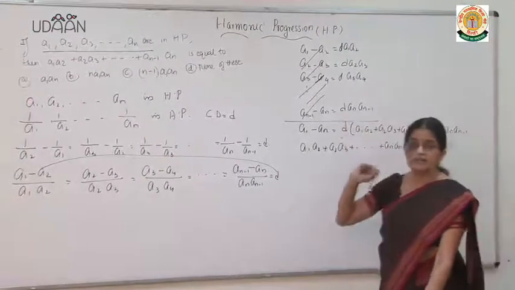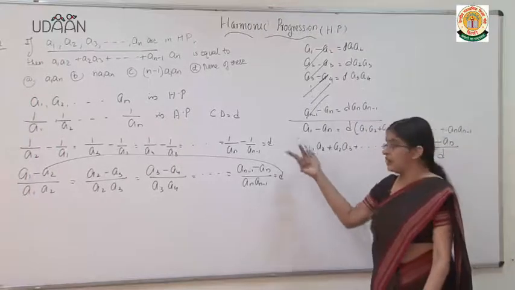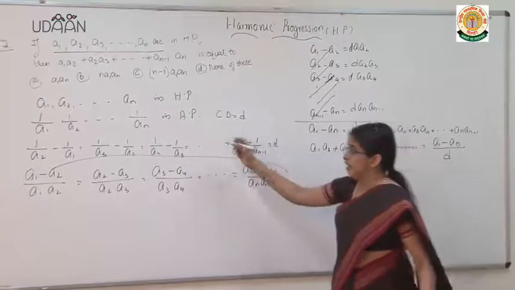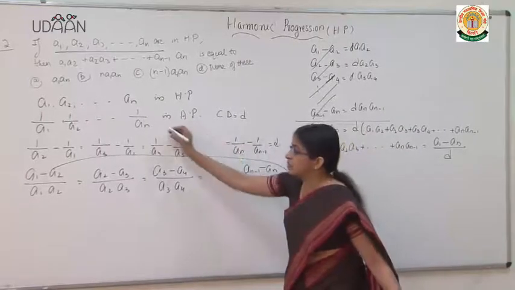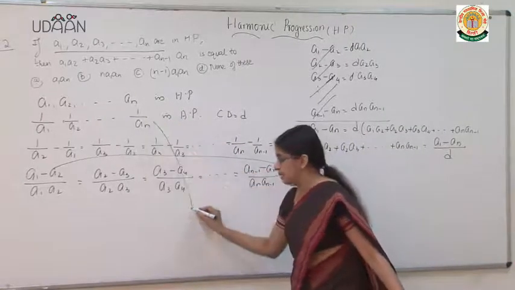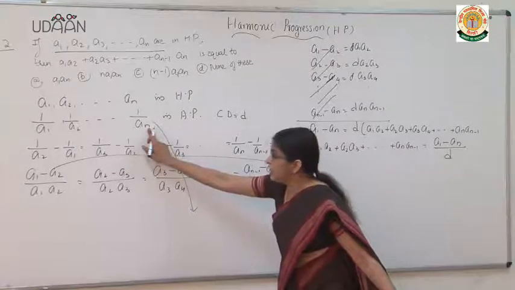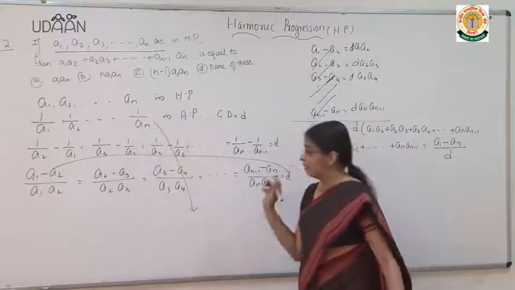D is not given in the question. D we have introduced, so we have to eliminate D. Let us find the value of common difference D in terms of A1 and An. 1 by An is the nth term of the arithmetic progression.